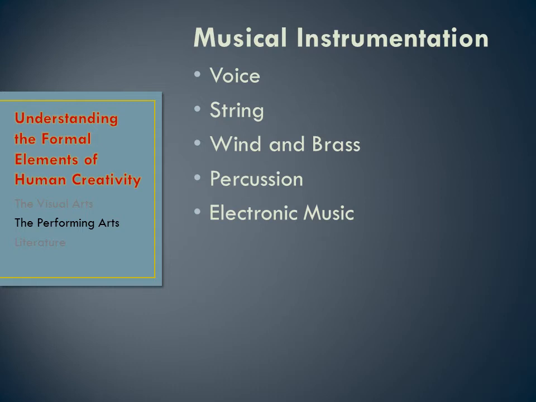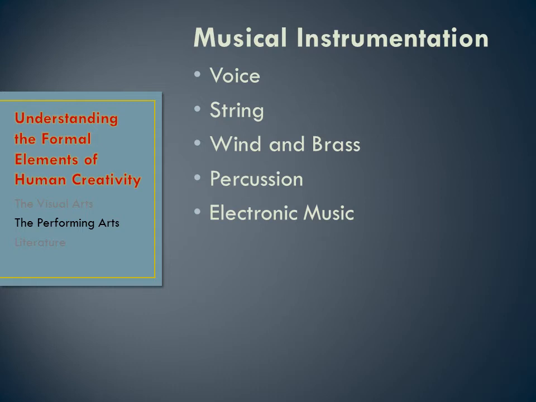Guitar even could be considered as a string instrument or a percussion instrument. Depends really on who you are talking about. They'll classify it as either or. Wind and brass instruments: anything that you blow air into and passes over to produce a sound, either the vibration of the sound in a brass or metal instrument like a trumpet or trombone or a tuba or baritone, or a wind instrument.